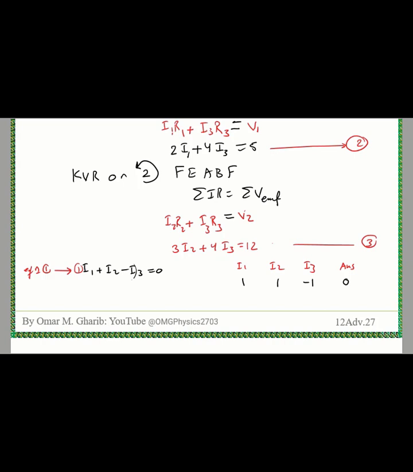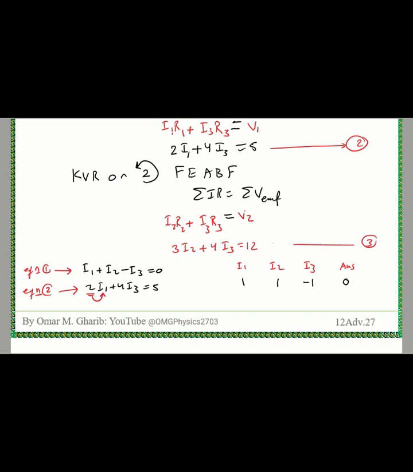Now let us put the second equation. The second equation, equation number 2, says that 2I1 plus 4I3 equals 5. Now, first coefficient is 2 for I1.